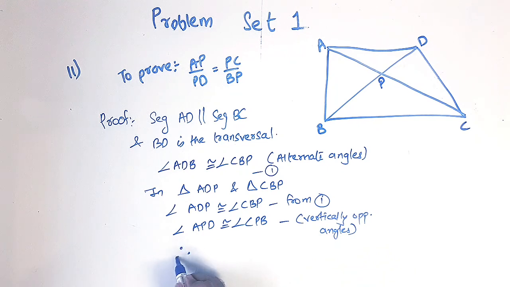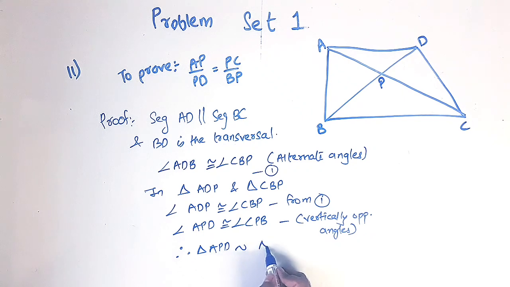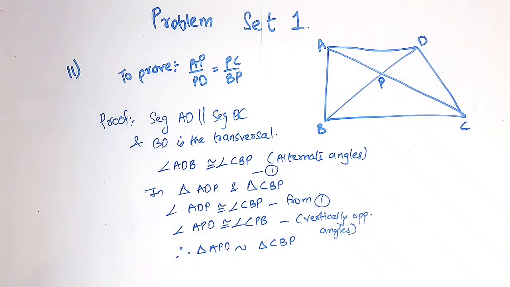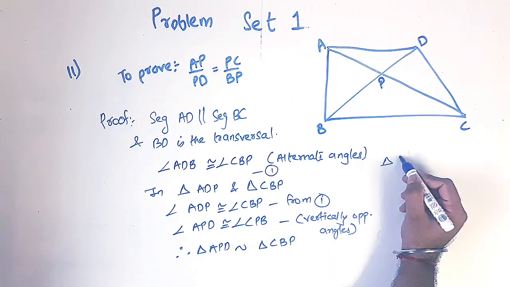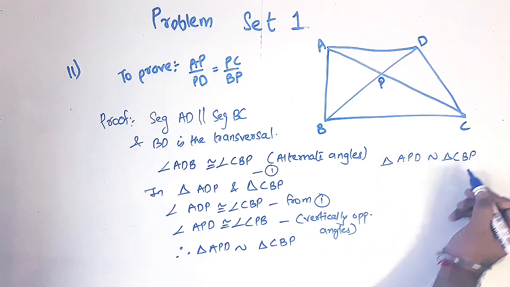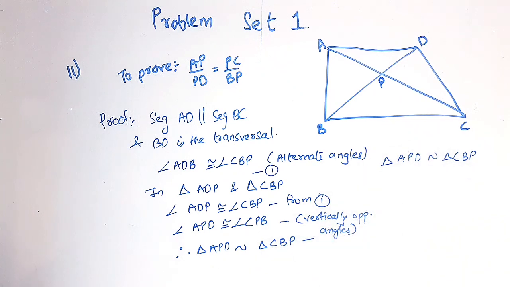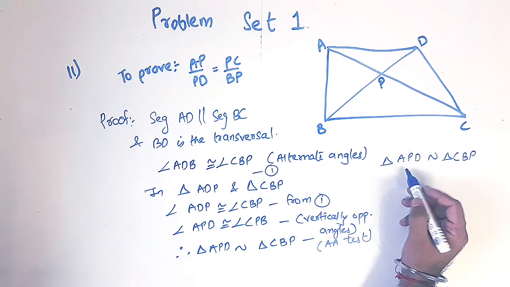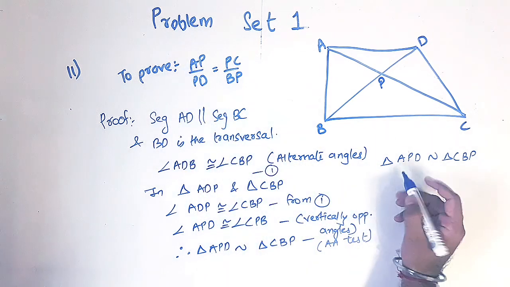Therefore triangle APD is similar to triangle CBP. Now after looking at them, you can simply write CSST, triangle APD similar to triangle CBP. I have just rewritten it. This is by the AA test. For the sake of CSST I have rewritten it, so I want AP, so I'll take AP.